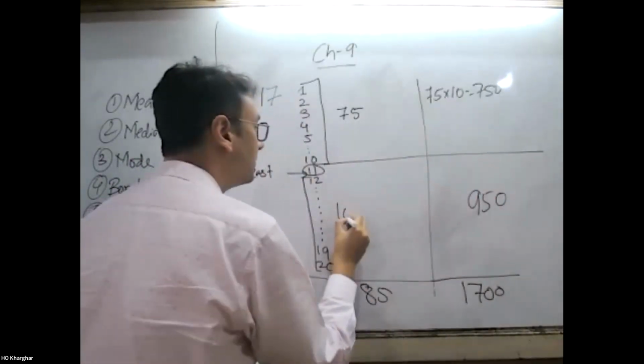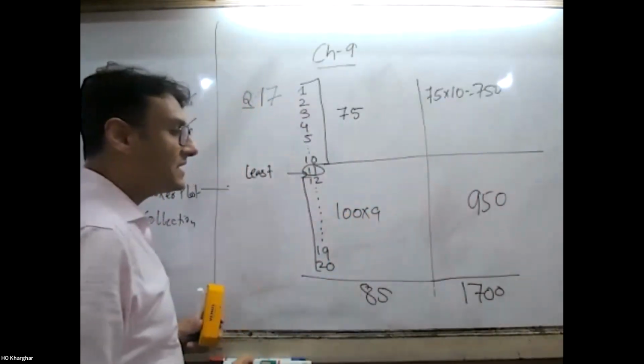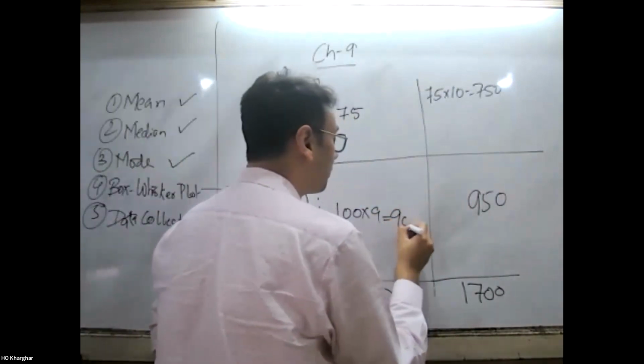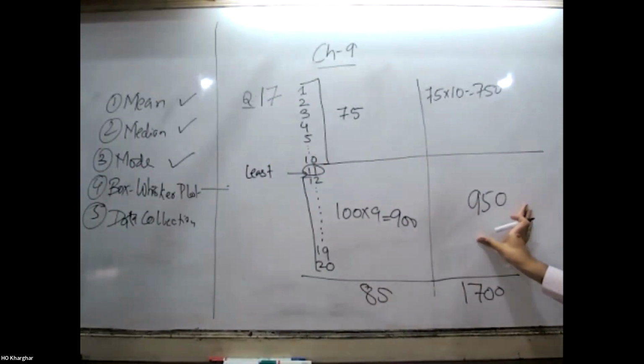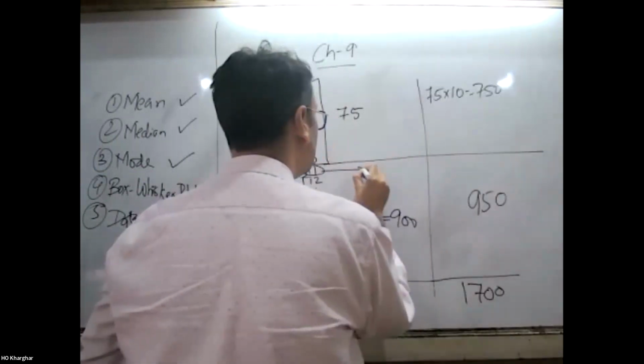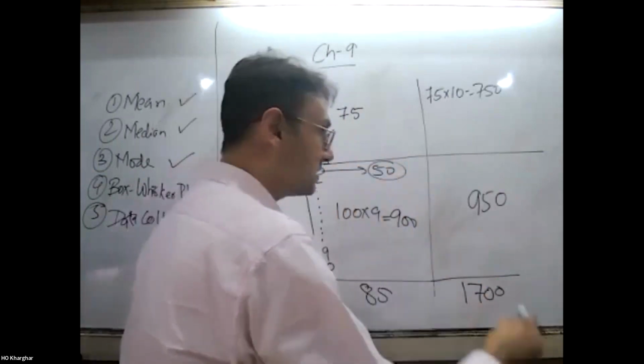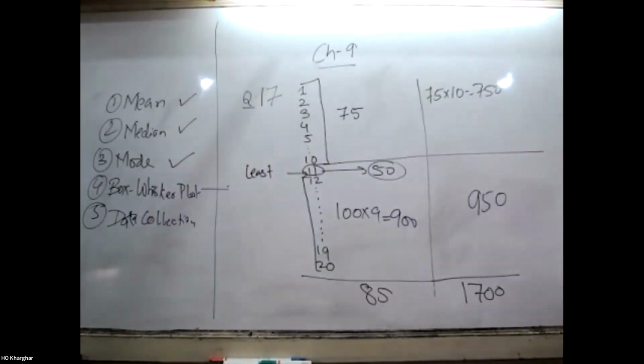So they will give me 100 into 9, 900 points. I need 950. The balance should come from the 11th rating. So the minimum possible value for the 11th rating is 50.